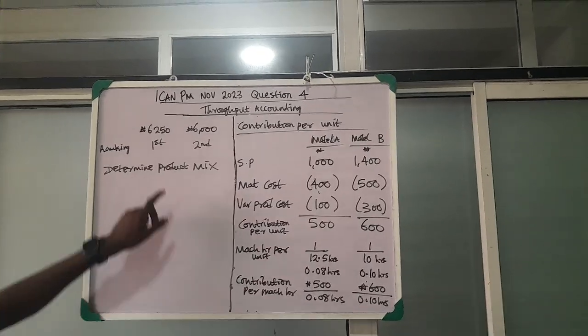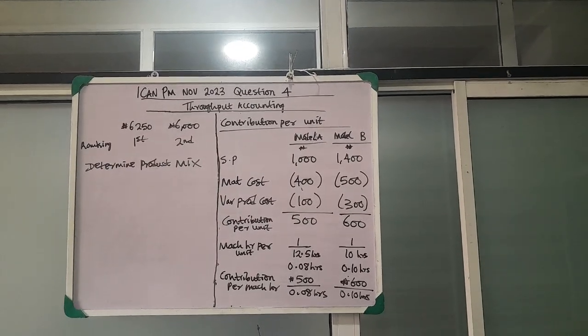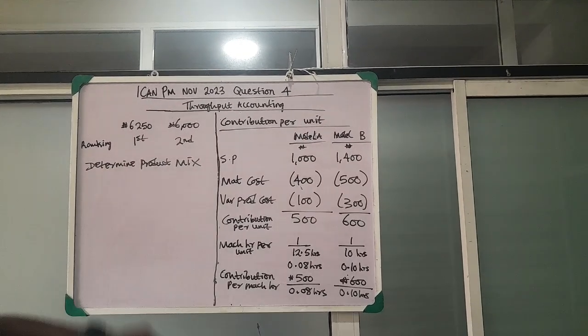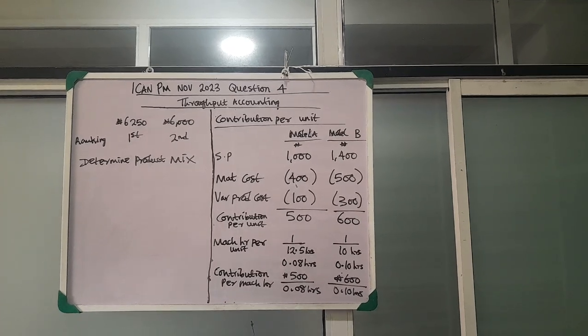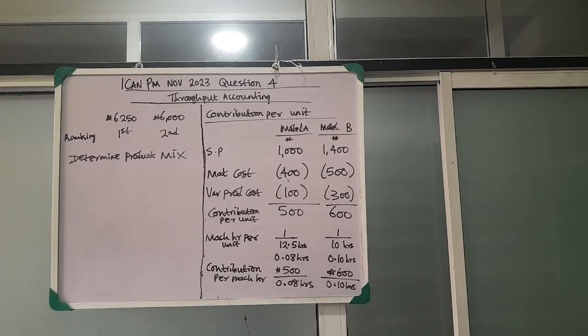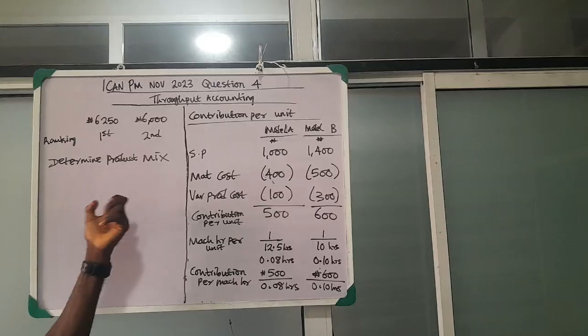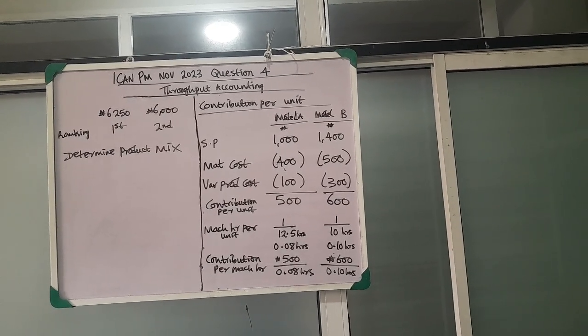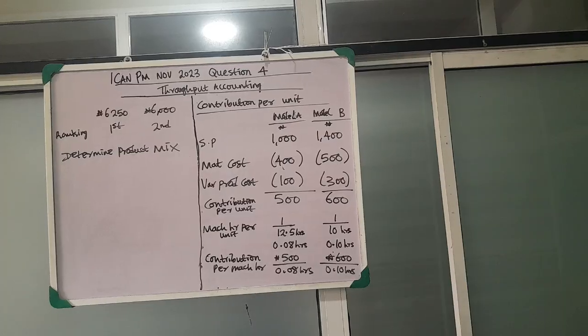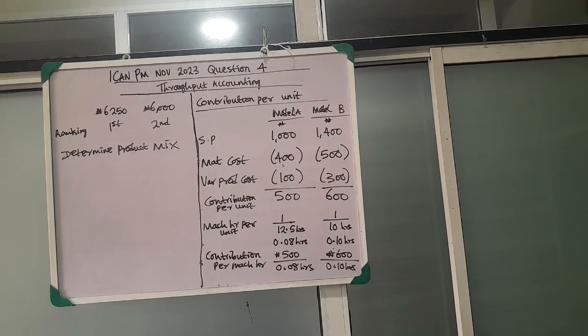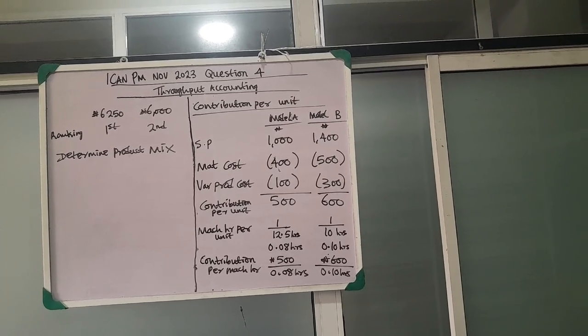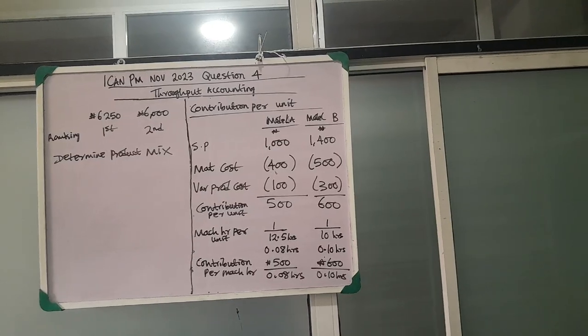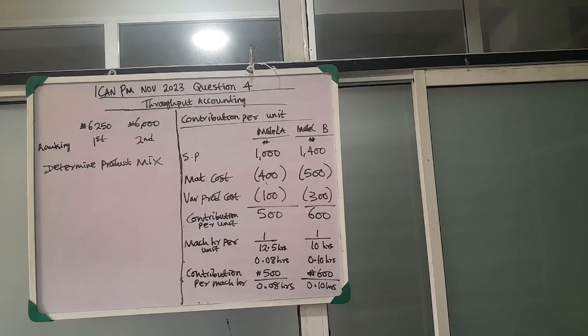What it means is, for the first product, the one we ranked first, we'll produce all of it, because it still falls within our constraints, our limit, our hours that we are constrained to. Model A will need 300,000 units.